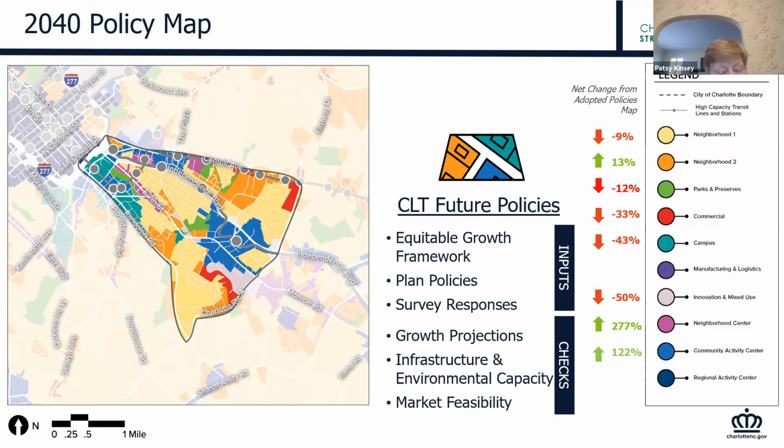Well, this is very helpful. Let me ask you one other question. The Community Activity Center up near Independence Boulevard and Central, between Independence and Central. That must be the development.